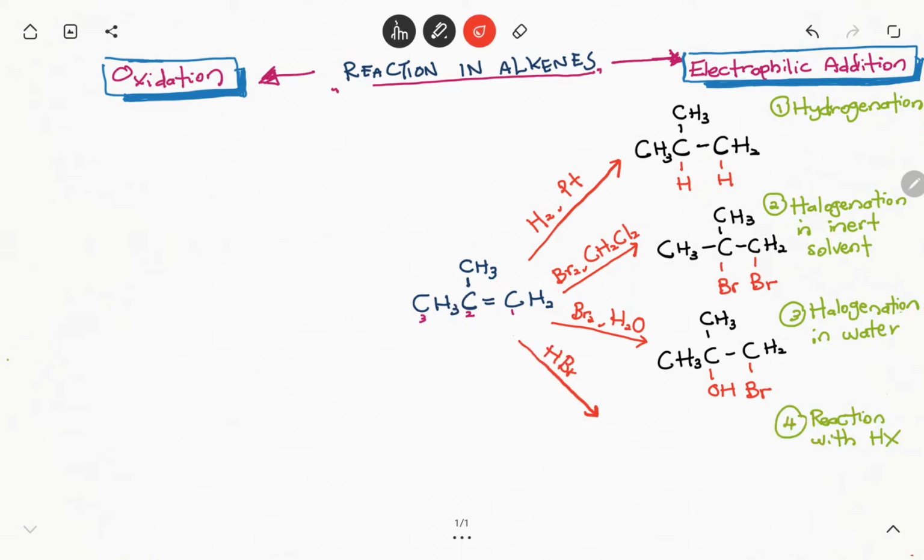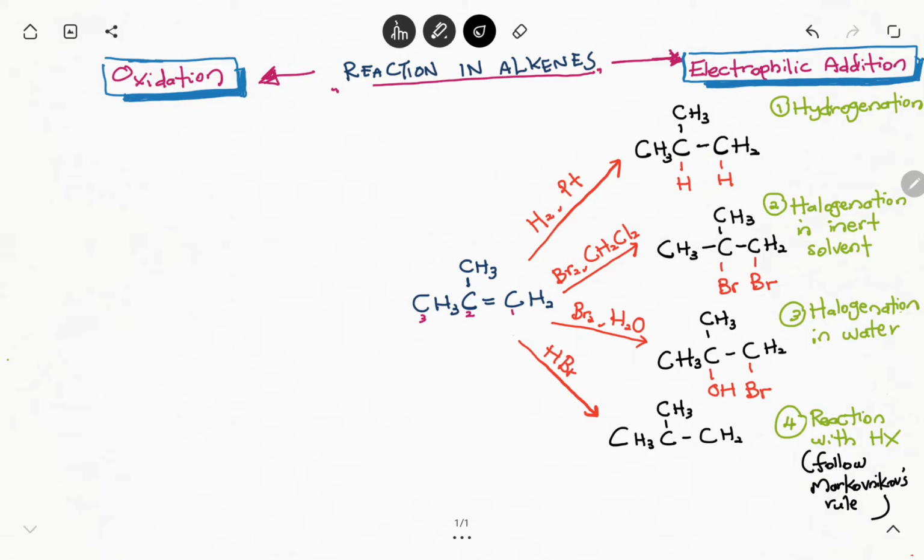The fourth reaction is reaction with HX or hydrogen halide, for example HBr or HCl. So the double bond will break apart. In this reaction, we must follow Markovnikov's rule.